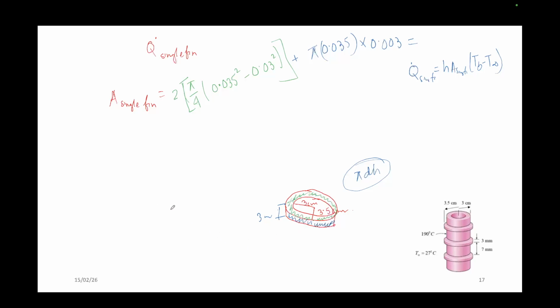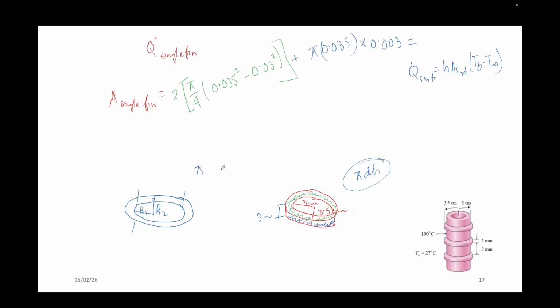See, this is a fin, right? This is the top view of the fin, this region. If you see from the top, this is the fin you observe now. So what is this area? If the outer diameter is say R2, the inner is R1, what should be the area?